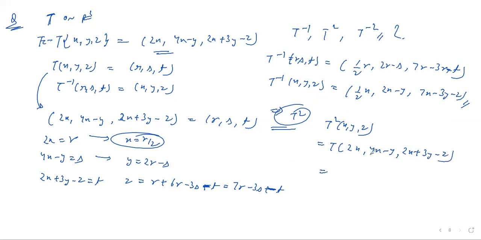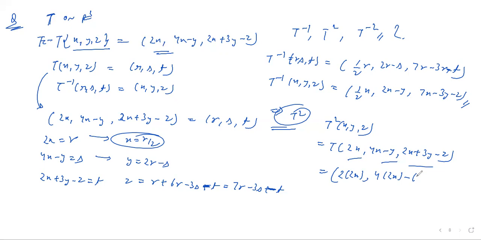If I apply the transformation here, it would give me twice of x, so 2 of 2x, and the second would be 4 of 2x, applying the transformation for these values 2x, 4x minus y, and this.